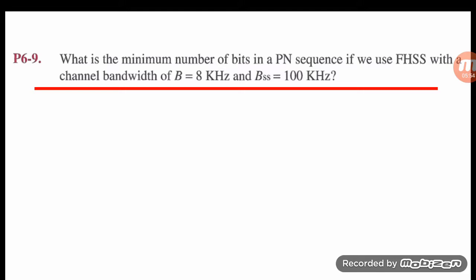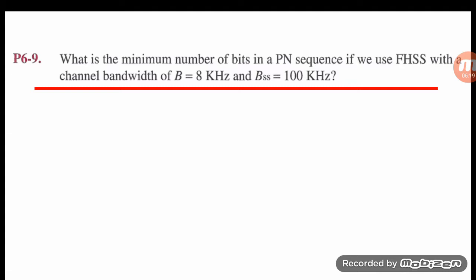Now he's asking how many bits you need to use. First of all, you have to see how many different frequencies you need. So 100 divided by 8 gives you how much? It is 12.5.